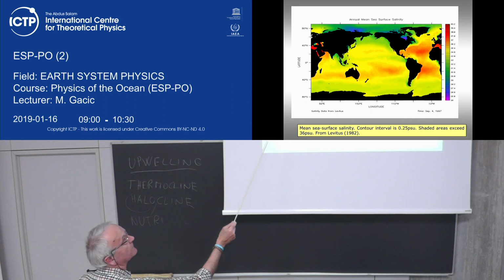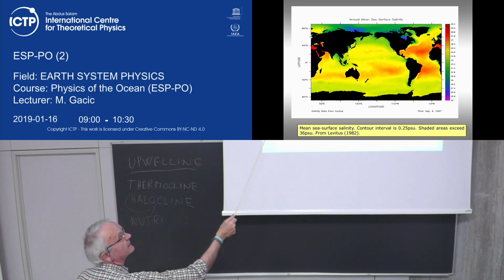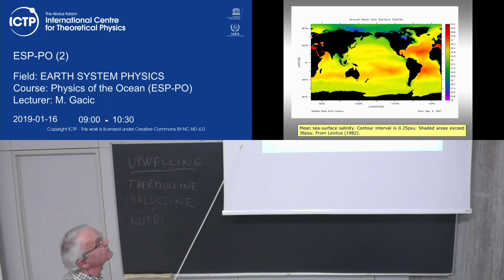A similar thing is true for the Red Sea and the Persian Gulf, and you can see this high salinity water which exits from the Persian Gulf and the Red Sea.